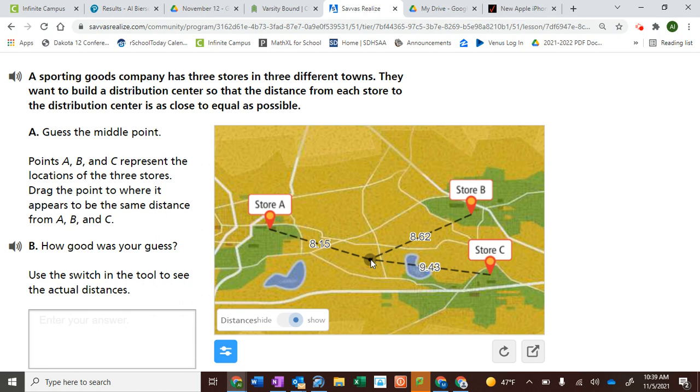So, as Mia said, we have to draw perpendicular bisectors. So we go more than halfway across. I can't see.